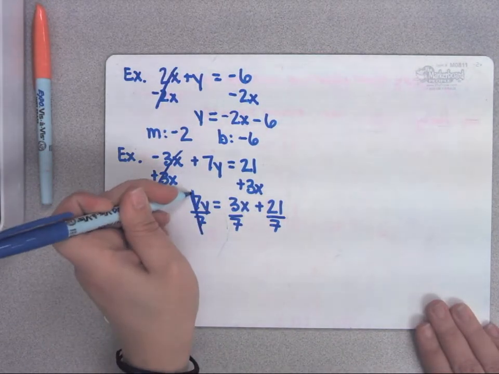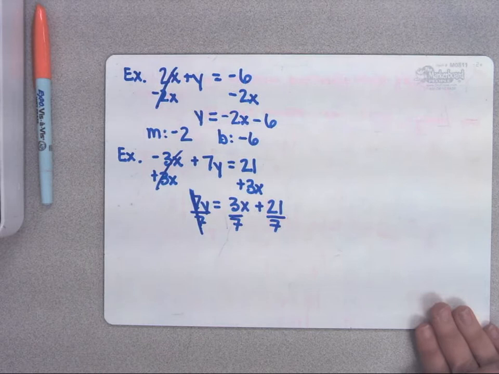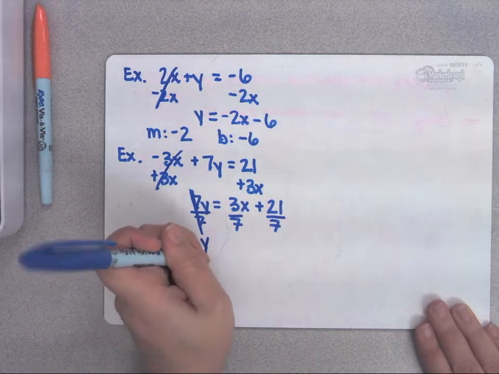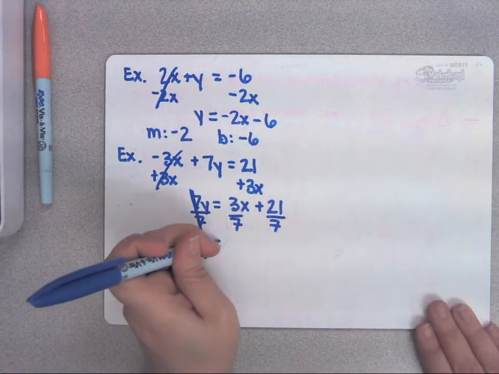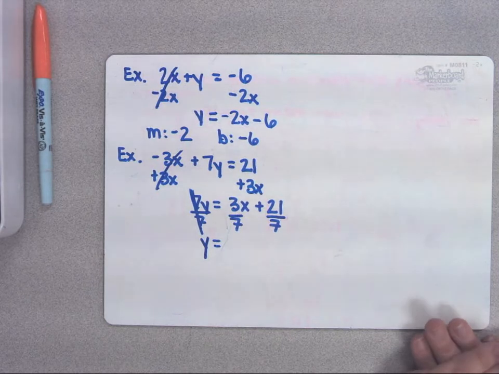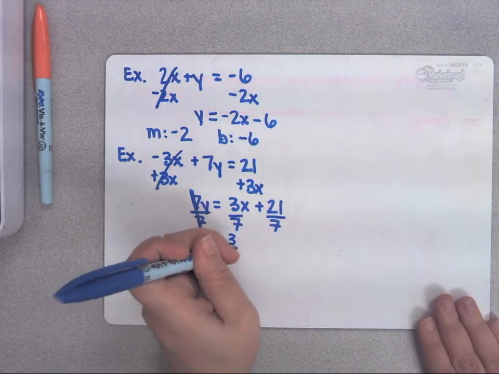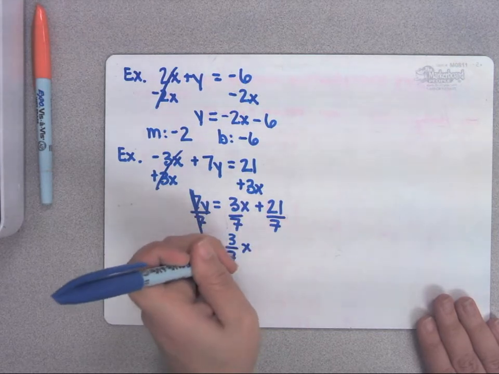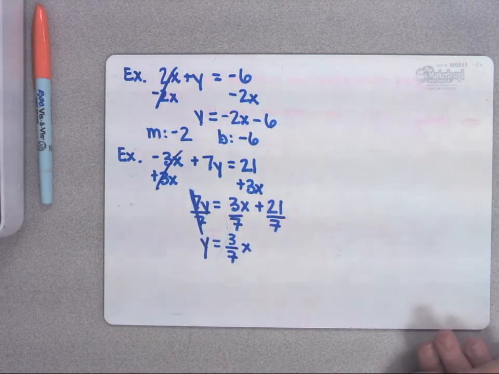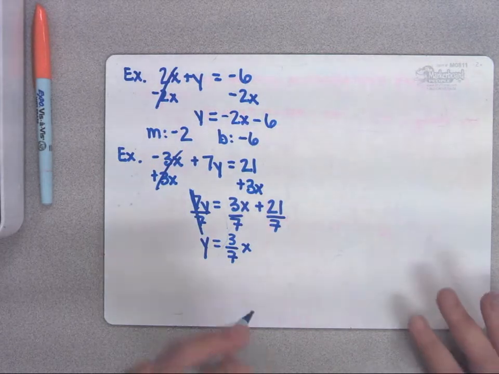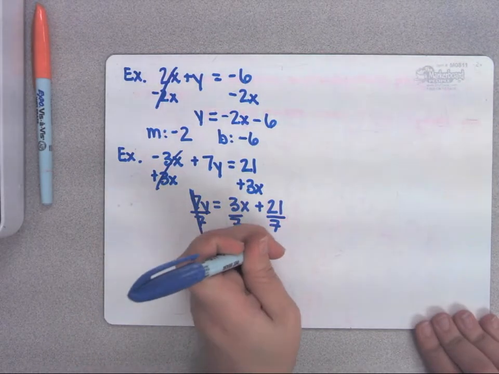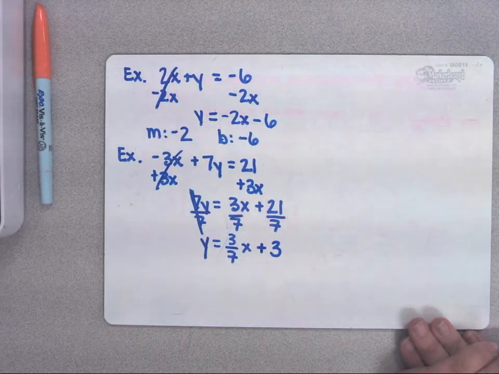Over here, the 7s, because they're the same thing on top and bottom, they cancel out because that's 1. That gives 1y left. Can you actually divide 3 divided by 7? Nope, so it stays the fraction, 3 over 7. We keep the x. Can we divide 21 by 7? Yes. What's that turn into? So I'm going to put plus 3 because it was positive.